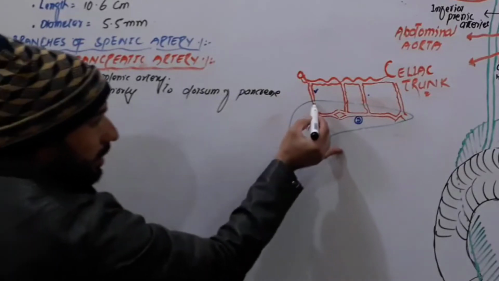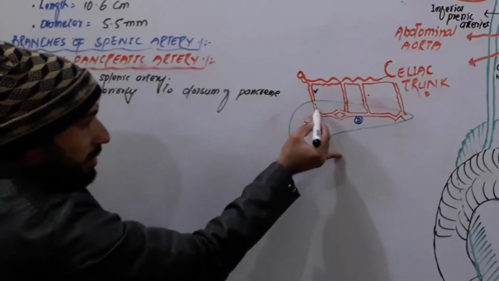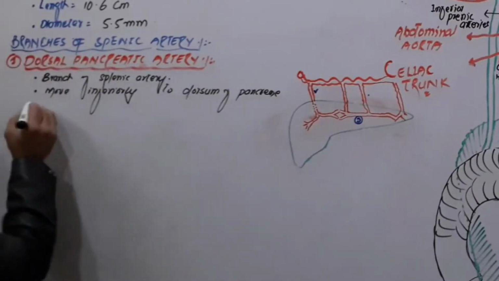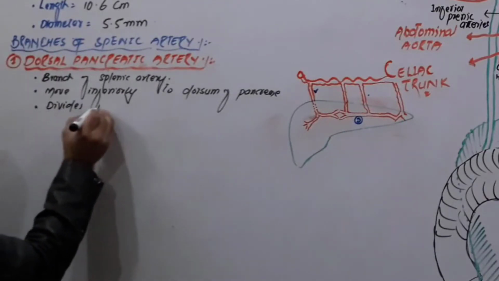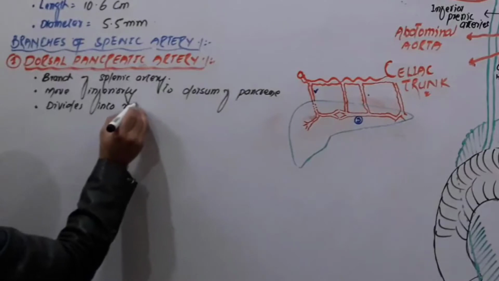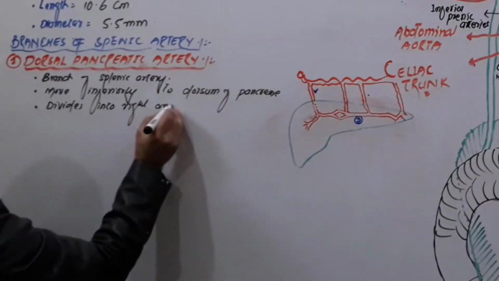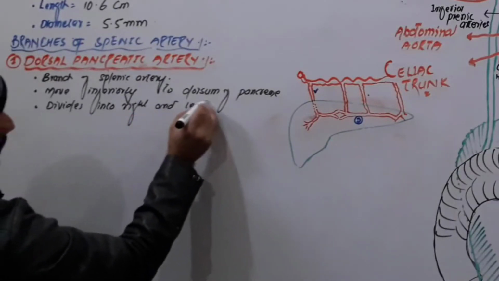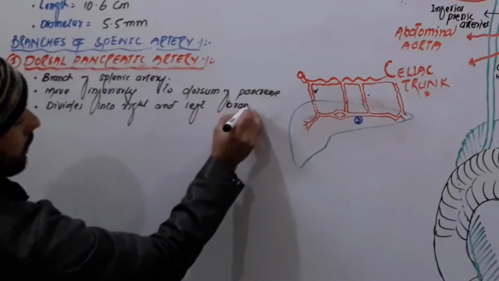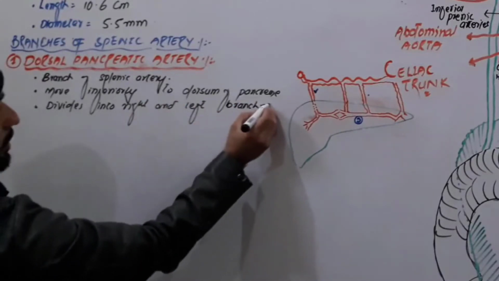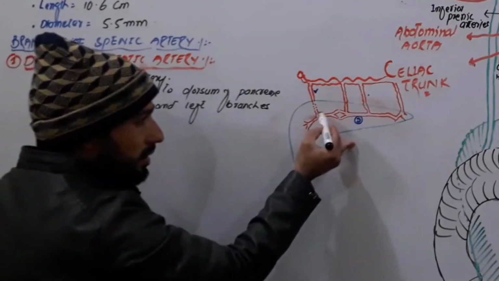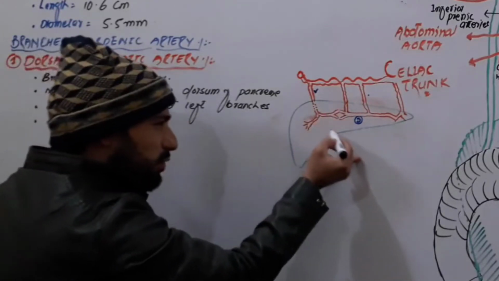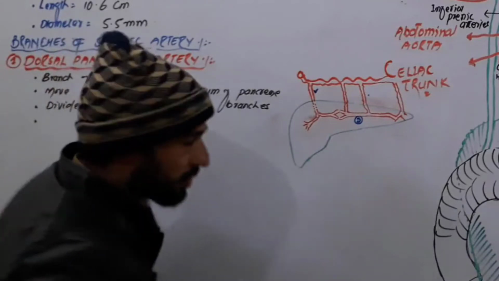As you can see here, it enters the neck of the pancreas and then divides into right and left branches. So I am writing here, it divides into right and left branches. Okay, done with it. Then what happens? The right branch supplies the head of the pancreas, and the left branch supplies mostly the neck and the body of the pancreas.